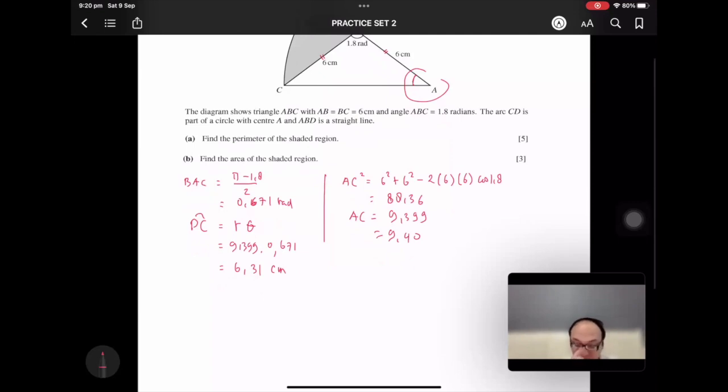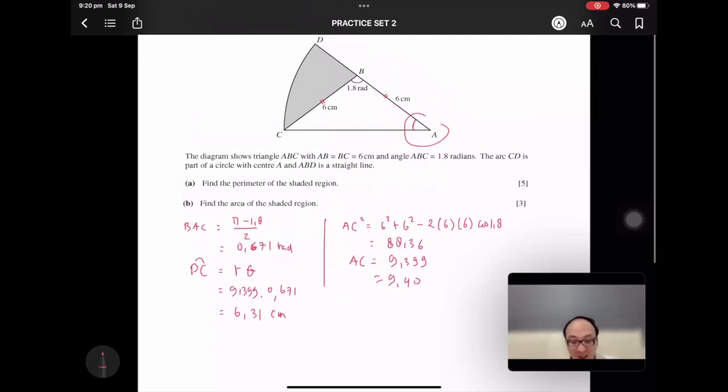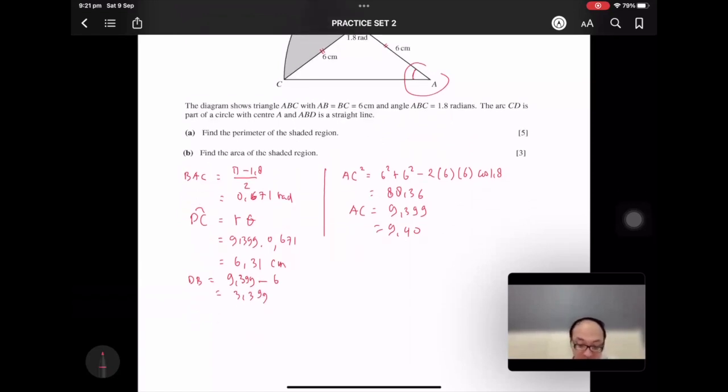And then we have to find DB. So DB is equal to 9.399 minus 6. So this is 3.399.